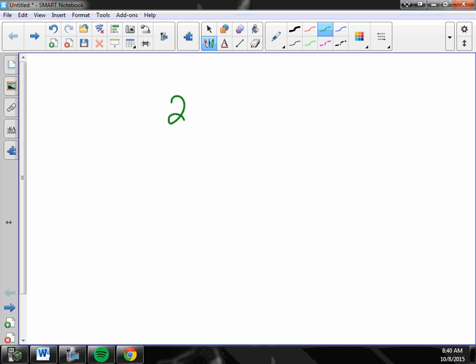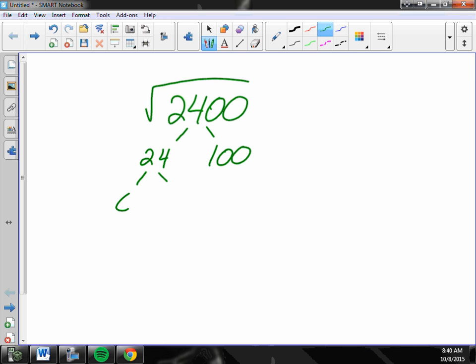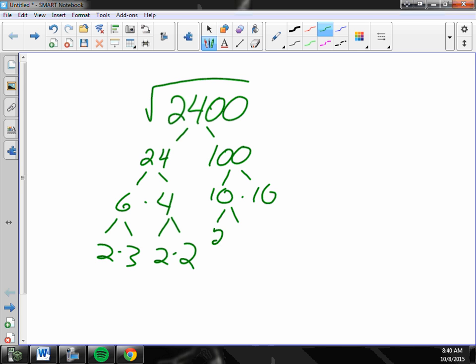But if you had something like 2400, it's going to be a little bit of a problem. What goes into 2400? 24 and 100. So 24 and 100. So this is 6 times 4, 2 times 3, 2 times 2, and now don't forget, get rid of everything that factored.